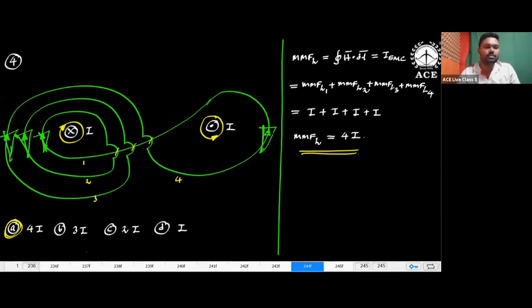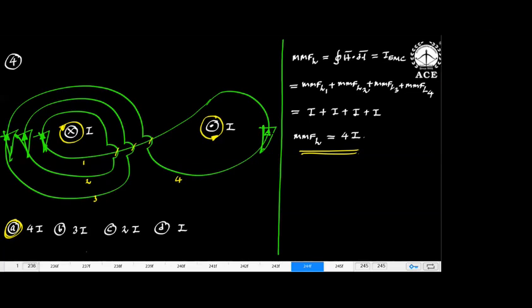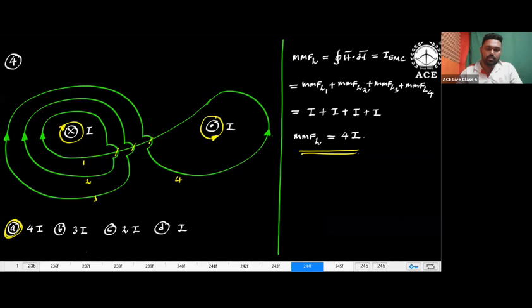Not the current direction, sir. The bottom part of the fourth loop, we have taken the upper side. Only that, sir. How can you change only that one? Because this is connected like this. See.